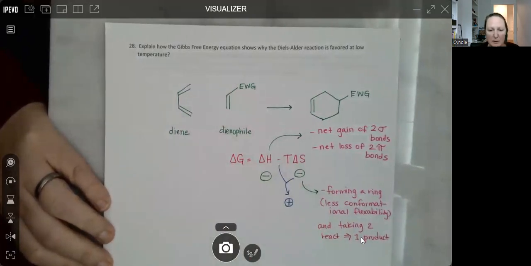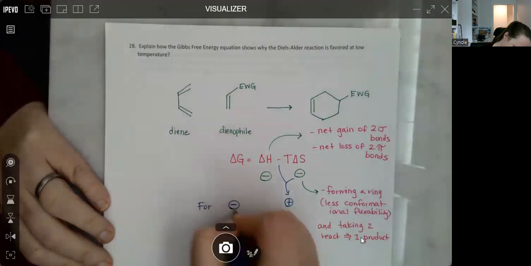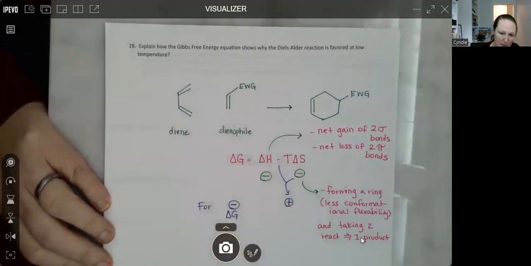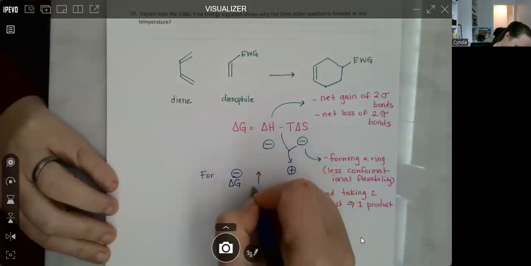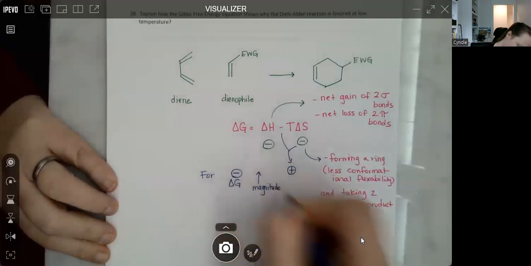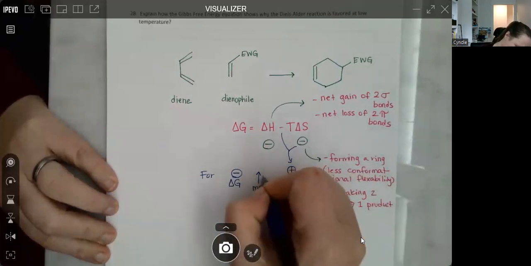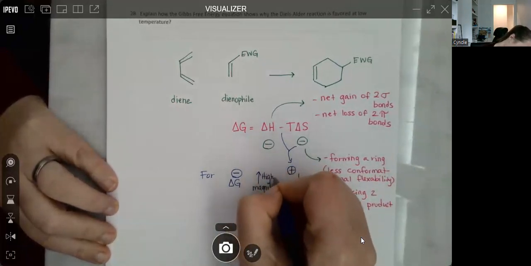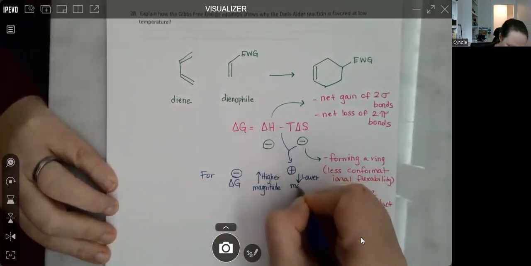So if we want this reaction to be favored, so for negative delta G, we want this to be, think of it as higher magnitude or more negative, right? And this one over here should be lower magnitude.